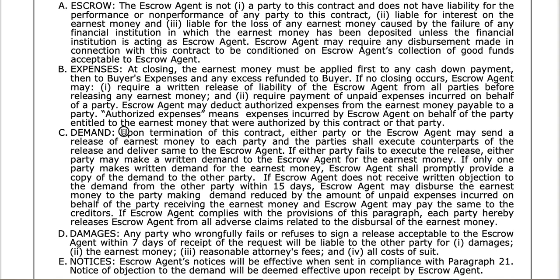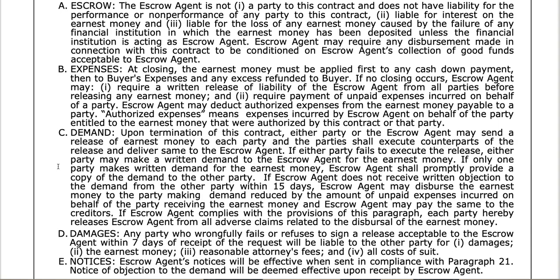Upon termination of this contract, either party or the escrow agent may send a release of earnest money to each party, and the party shall execute counterparts of the release and deliver same to the escrow agent. If either party fails to execute the release, either party may make a written demand to the escrow agent for the earnest money. If only one party makes the written demand for the earnest money, escrow agent shall promptly provide a copy of the demand to the other party.